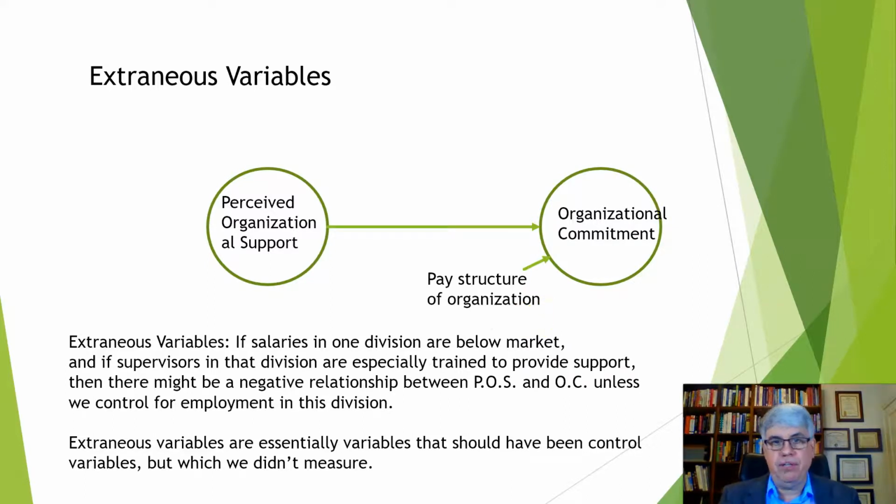Yes equals 1, 0 equals no. If we control for that, we would be able to take into consideration the effect of that pay structure on organizational commitment, and we would most likely find out that the perceived organizational support was positively correlated with organizational commitment. But if we don't measure what division they're in, it's going to be an extraneous variable, and it can mess up our study.